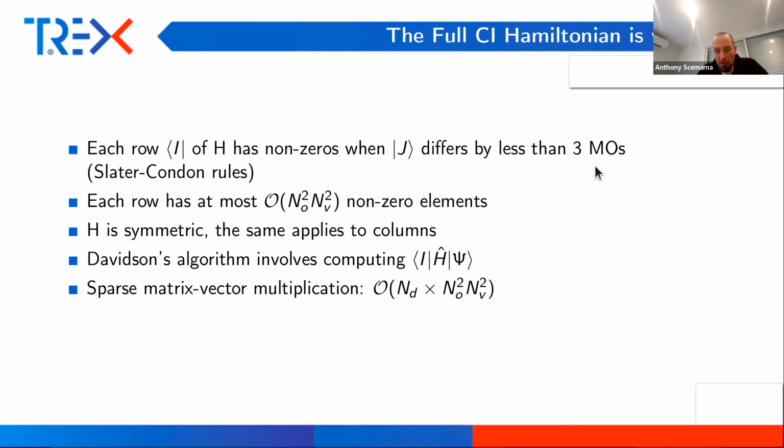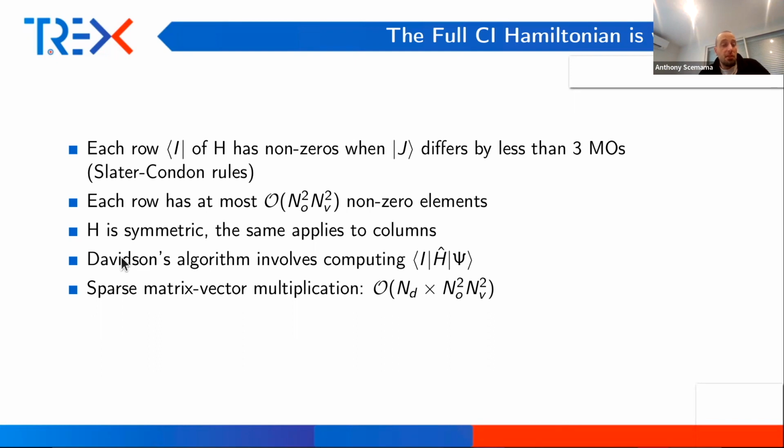This means that the only non-zero elements in one row are the diagonal element and the single and double excitations, which corresponds to n squared occupied multiplied by n squared virtual non-zero elements per row. So you have of order n^4 elements that are non-zero in each row. So in this space that grows factorially, you see that the matrix has mostly zeros and just a few elements that are non-zero.